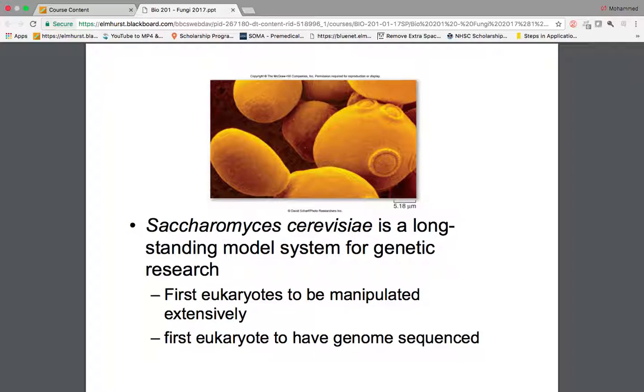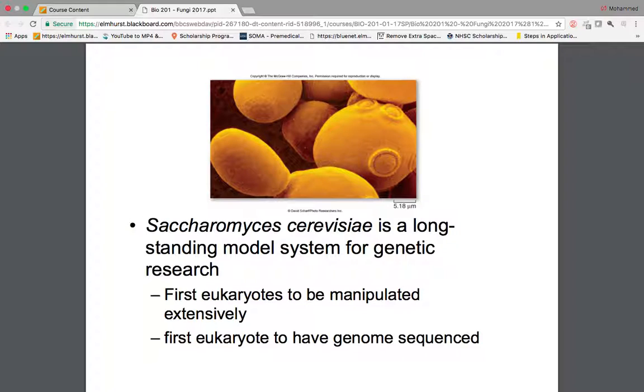It is the first eukaryote that had its entire genome sequenced, and it is the basis of an incredible amount of molecular manipulation. There are vats of yeast that are making drugs, that have had genes put into them that make a particular protein that we use as a drug, and it's being grown in a big vat. And the output of this thing is a drug.